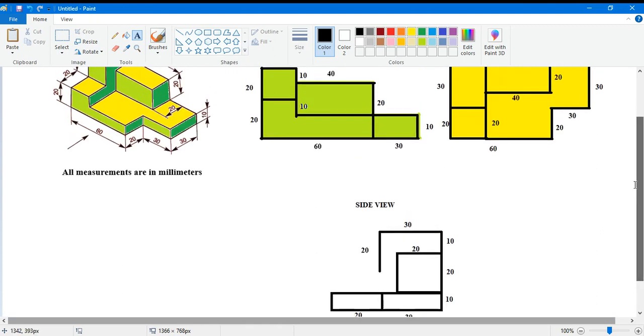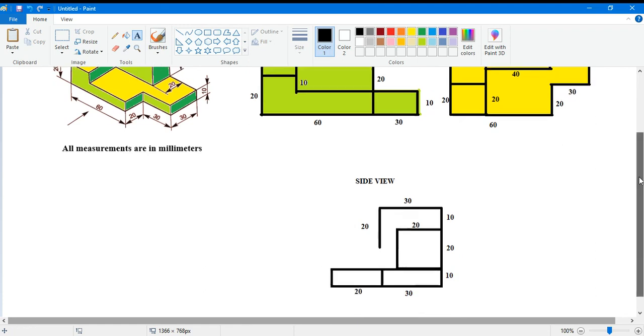Now I need to go this way, which is 20 as well. So I will go 20 from here. More or less. And then I close it here.